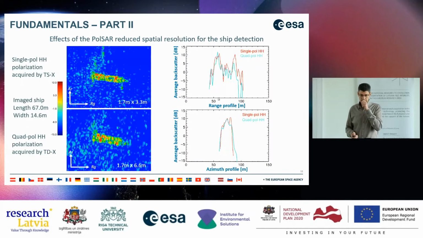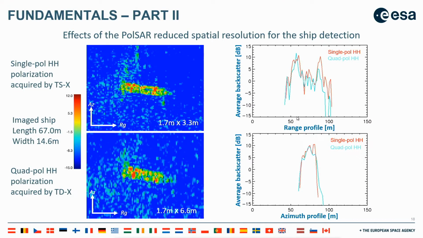The other effect is the reduction in the spatial resolution, and this is something that is important for ships. If you want to detect ships, of course, the higher the resolution, the better.